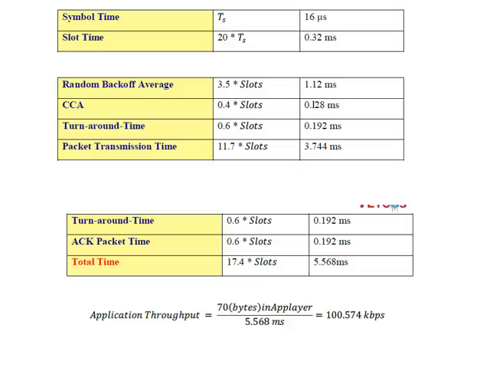The sum of all these times turns out to be 5.568 milliseconds. From the definition of throughput, the application throughput is 70 bytes in the app layer divided by 5.568 milliseconds, which turns out to be 100.574 kilobytes per second. What we need to remember here is that this is a theoretical value.